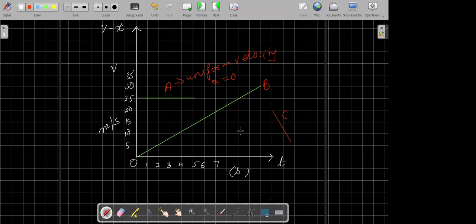See, the amount of increase of velocity in every 2 seconds is the same. Or in every second, the amount of increase of velocity is the same. But yes, the velocity is increasing. Can I say that velocity is increasing?